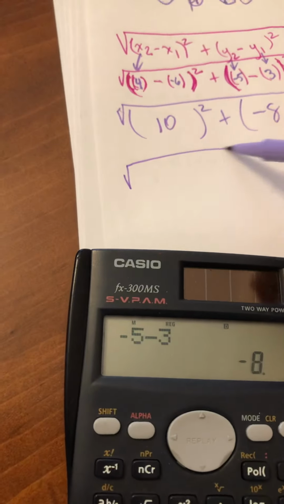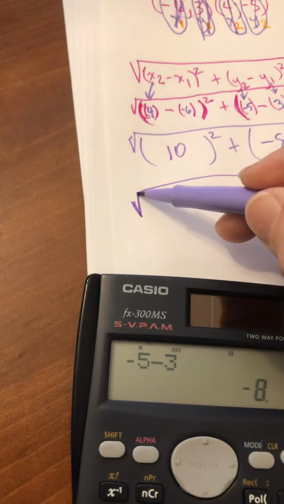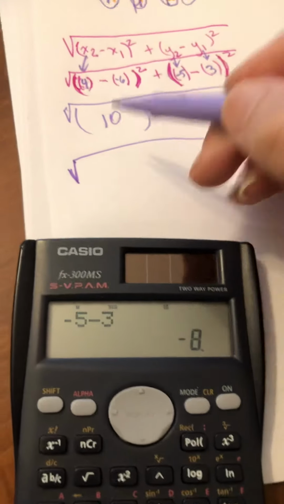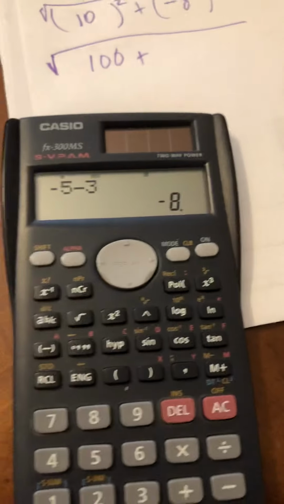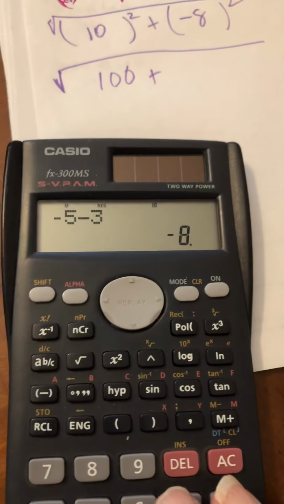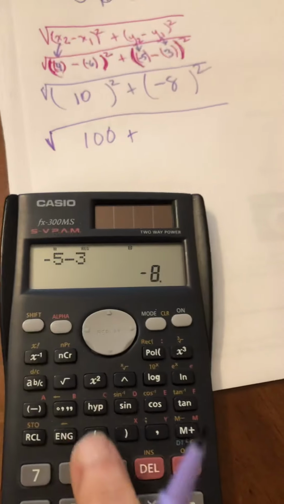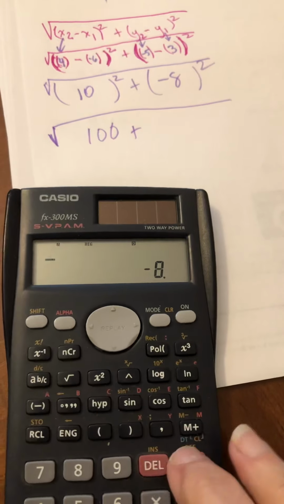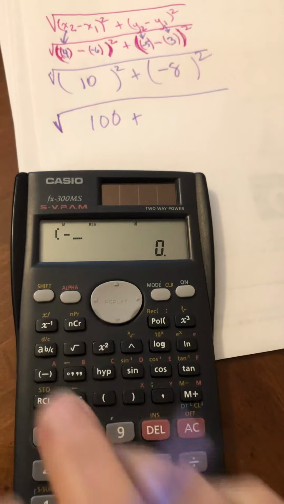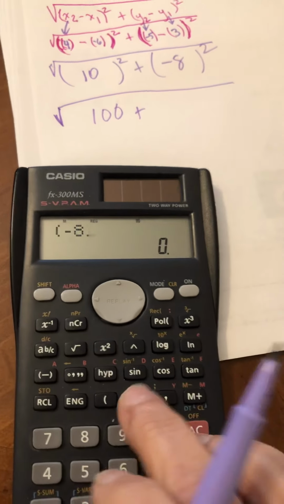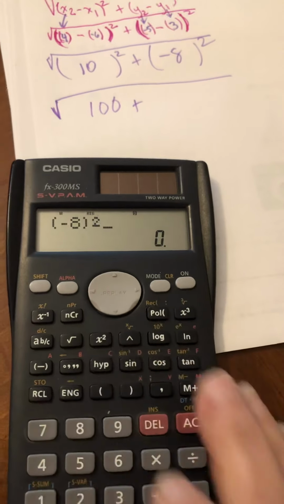So we're going to give us a whole new square root house. We got 10 squared, that's 100, plus, now how do we do this -8 squared? You've got to put parentheses around -8 before you square it. Let's just clear everything else. You can watch it happen. Parentheses, negative, not minus, 8, close parentheses with our x squared button.